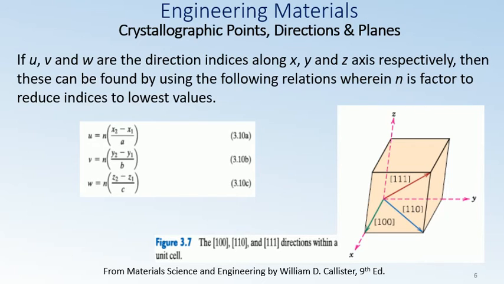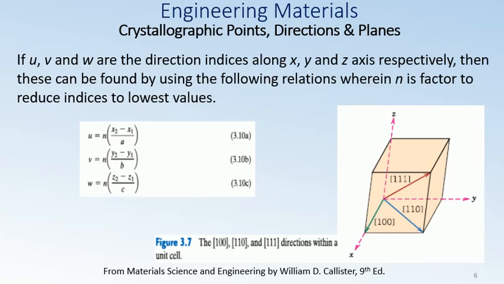For example, here you have a cube with edges and a coordinate system x, y, and z, and if you have u, v, and w as the direction indices along the x, y, and z axis, then as per the procedure given in the previous slide, these indices u, v, and w can be found by using the relations given in 3.10a to 3.10c. n is the factor that reduces indices to lowest values.